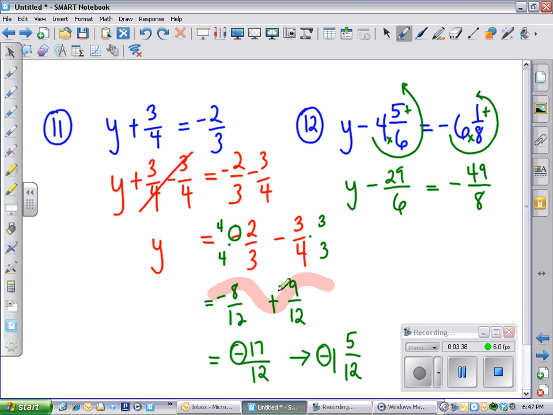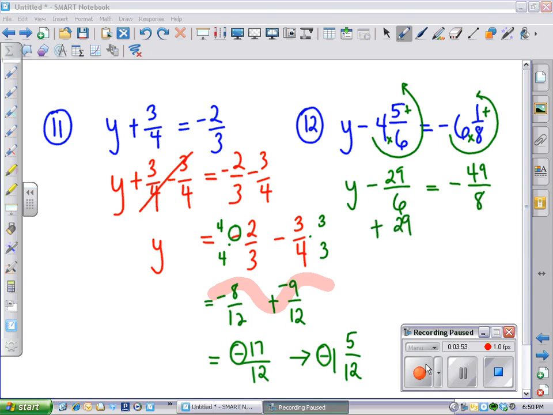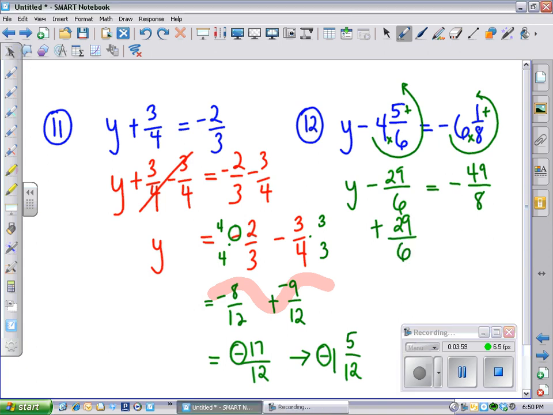We're going to be adding 29/6 to the left side of the equation so that we can get y by itself. So you can show that step. All right, hopefully the system keeps going. It's slowing down here. We've got 29/6. So I'm adding it on that side.